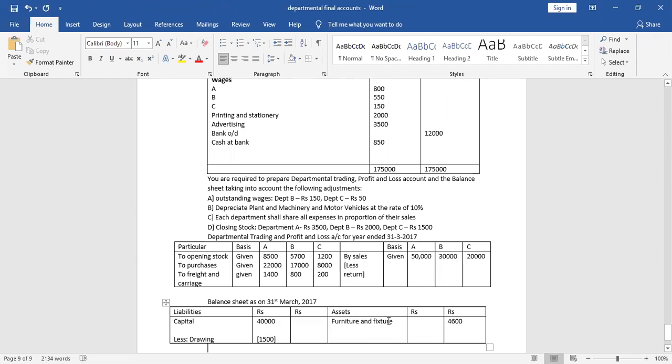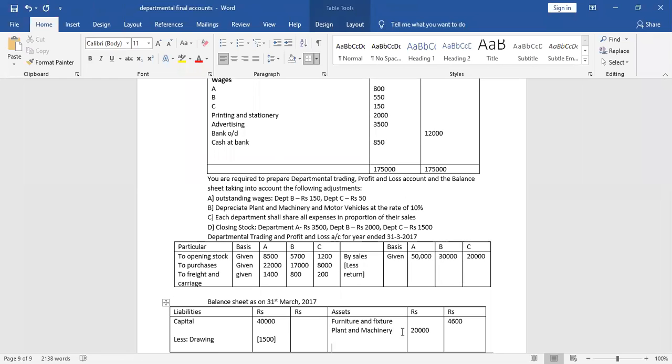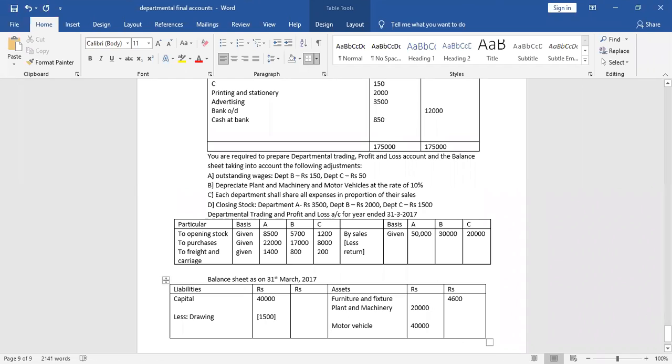So we will write plant and machinery 20,000 in the inner column. And then we have motor vehicle 40,000. They both have adjustments, so inner column.